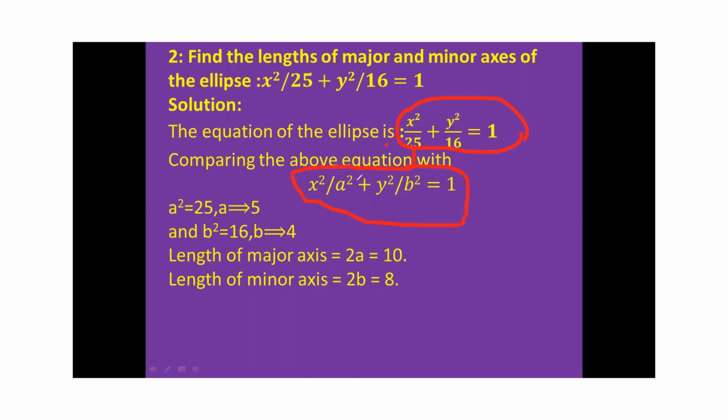Comparing, a squared equals 25, which implies a is 5, and b squared equals 16, which implies b equals 4. So the length of the major axis is twice a, which is 10, and the length of the minor axis is twice b, which is 8.